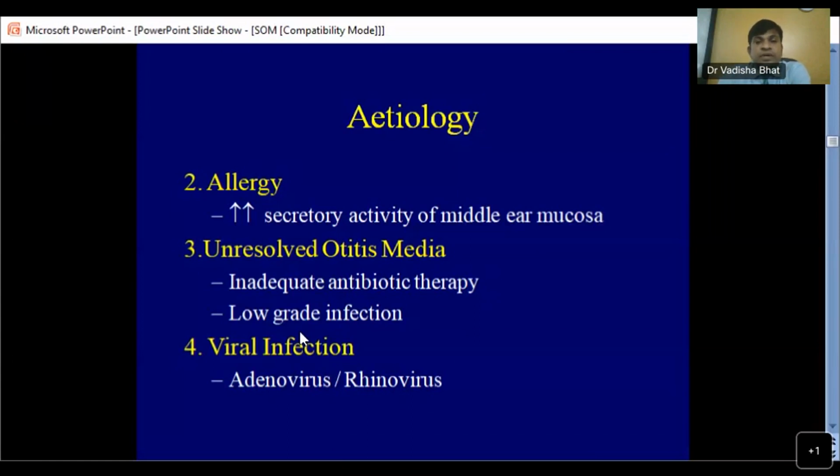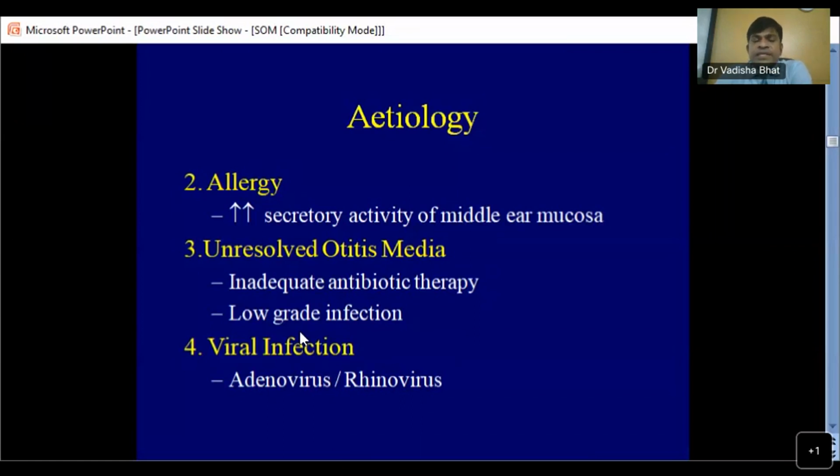So at this point, the fluid in the mid-layer remains there for quite a long time, and that is the cause of serous otitis media or otitis media with effusion.